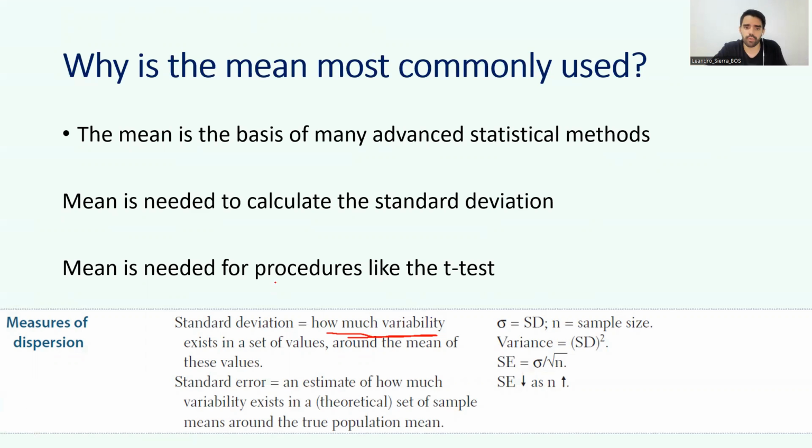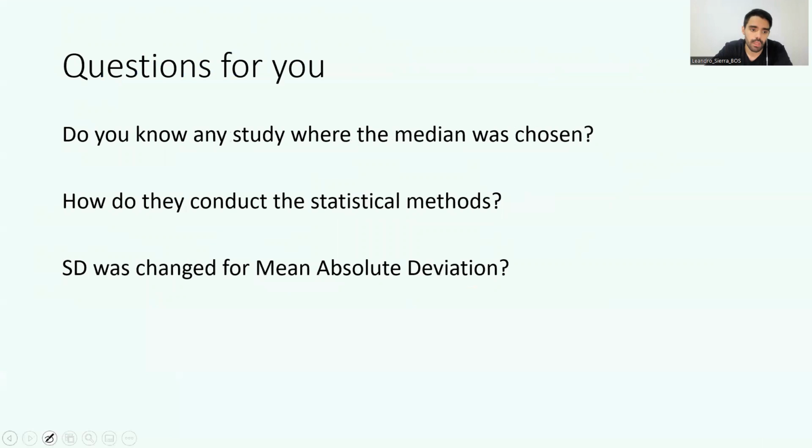And it is also used for many procedures, for example, the t-test and many others. For standard error, you need the standard deviation. And if you don't have the standard deviation of the mean, I don't know how to calculate the standard error, honestly. So I think that is why the mean is most commonly used. So I just leave it here, short and sweet.